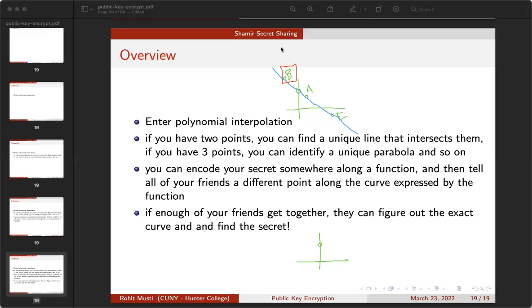You want all 3 kids to be present to figure out the secret. So then you draw your little encryption parabola, because you need 3 points to determine a parabola.